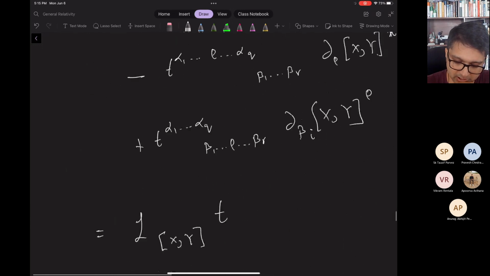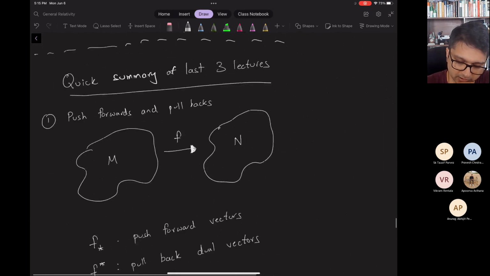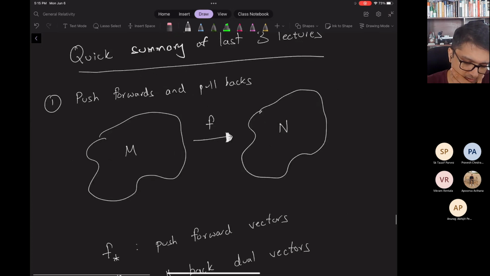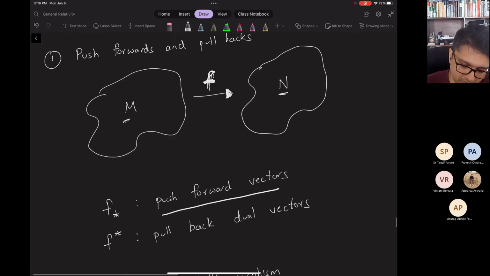Okay, so let's just summarize what we've learned in the last 3 lectures. The first thing we learned is that if you have a manifold M and a manifold N, and if I have a smooth map F which takes me from M to N, then I can not just have these maps from M to N, but I can also push forward vectors using an induced map called F star.